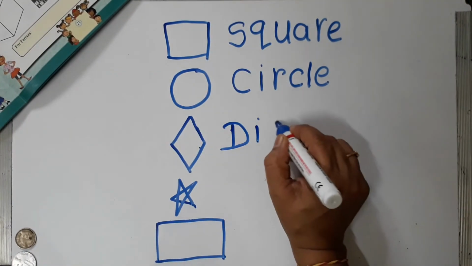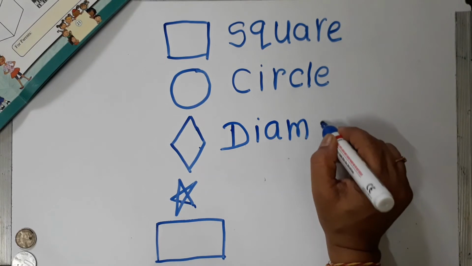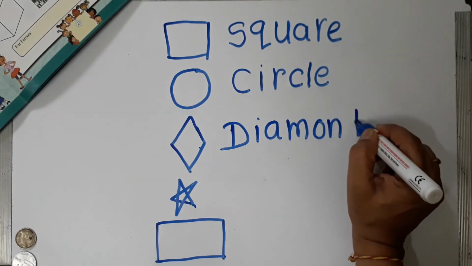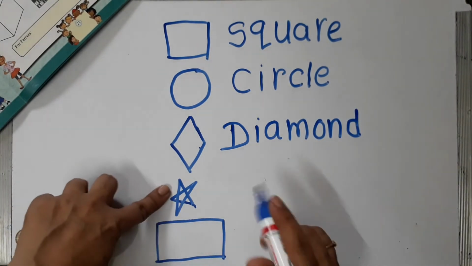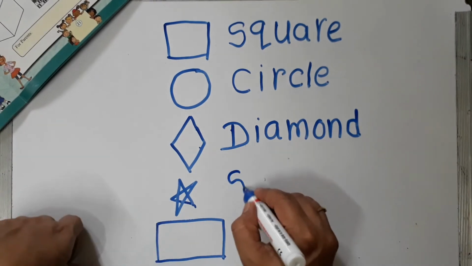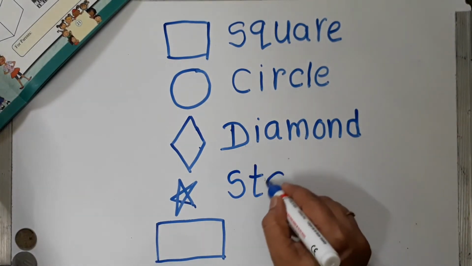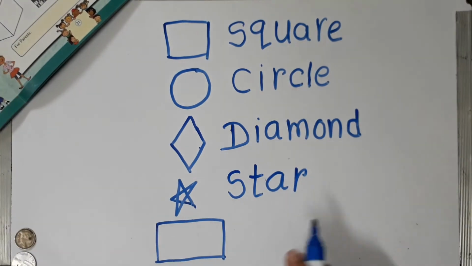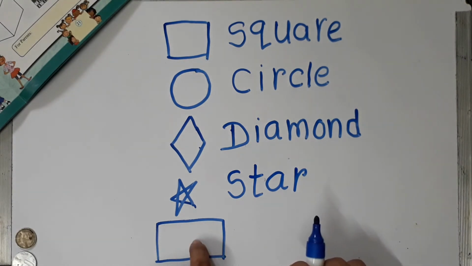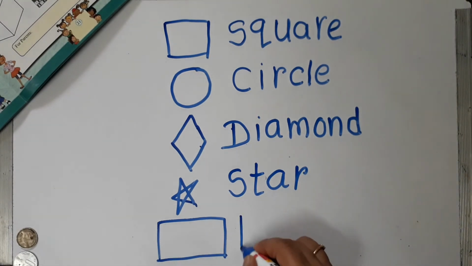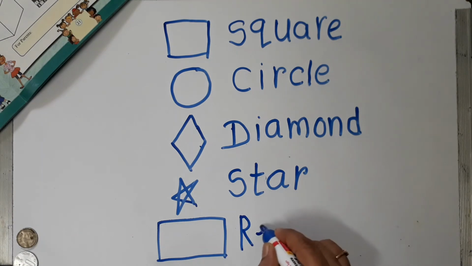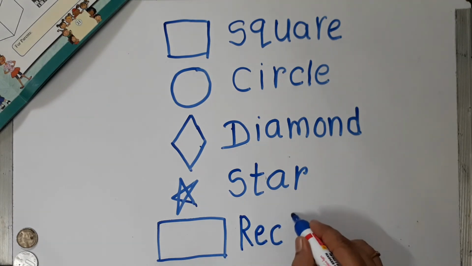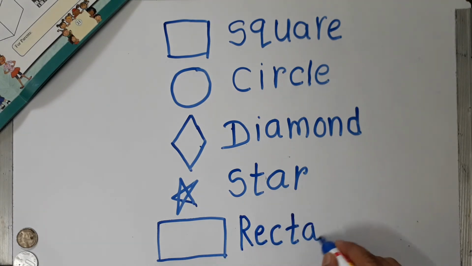D I A M O N D, diamond. This is a star shape. S T A R, star. And the last one is a rectangle shape. How to spell it? R E C T A N G L E, rectangle.